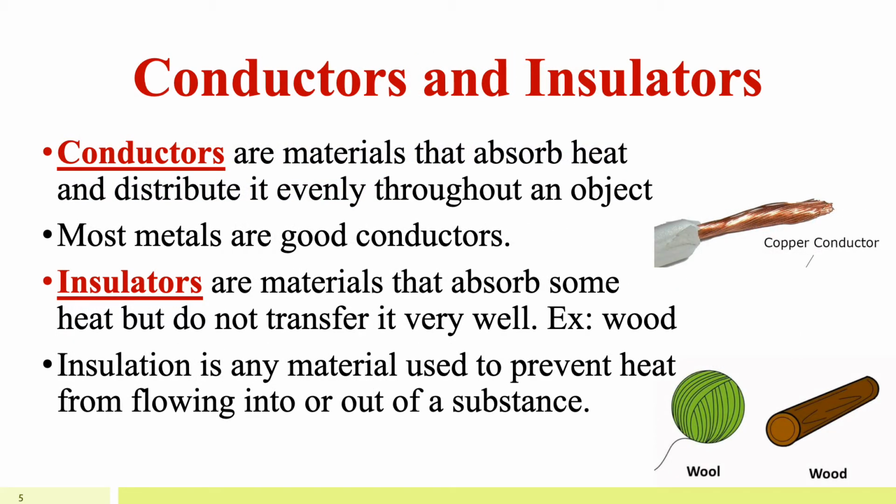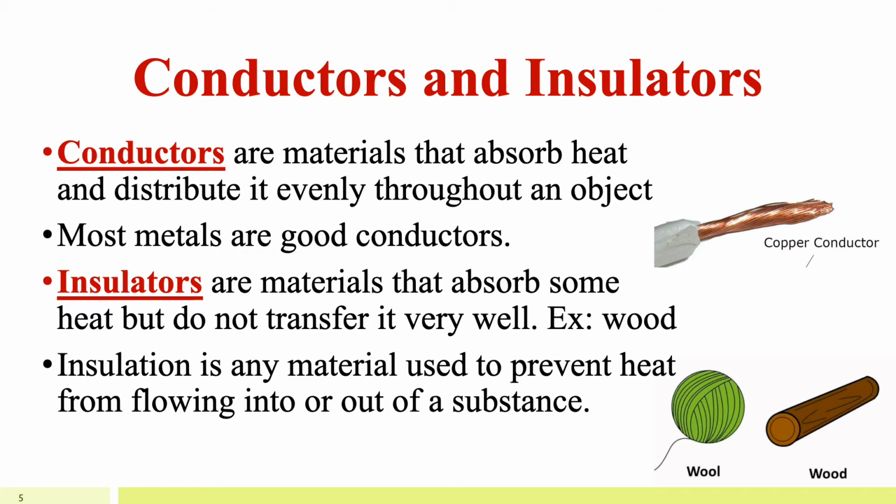We have conductors and insulators. Conductors are materials that absorb heat and can distribute it evenly throughout the object. The heat can move through them. So conductors distribute the heat evenly. Insulators are the opposite of conductors.